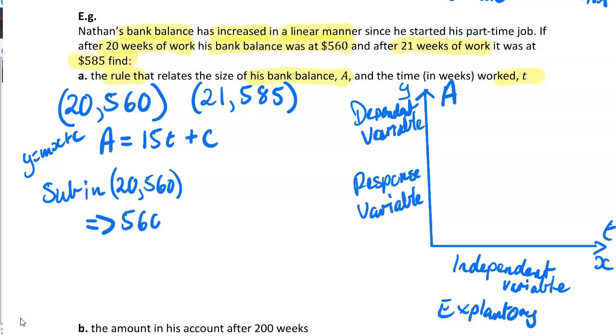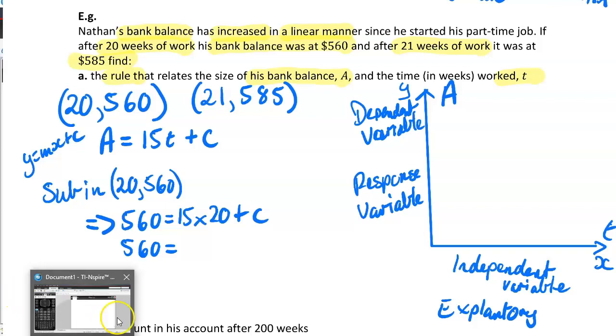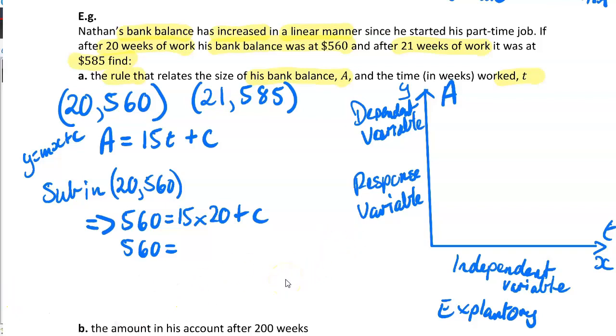So 560 equals 15 times by 20 plus C. So 15 times 2 is 30. So that would be 300 plus C. So I'll subtract 300 from both sides. So that's 260 equals C.